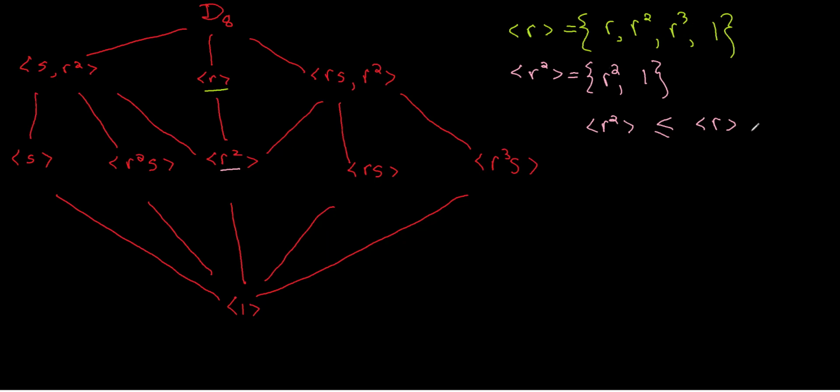So I think it's really helpful to play around with the subgroups generated by RS or RS and R squared. Literally find all the powers of those generators, multiply them together, see what you get, and you'll see the subgroup containments quite nicely if you start writing out all the elements.